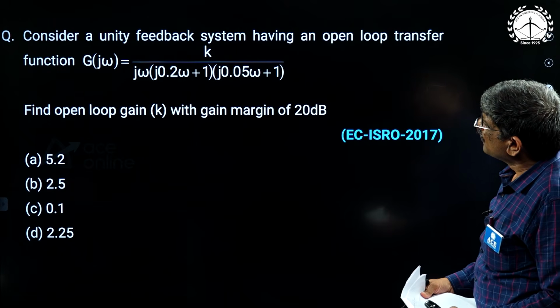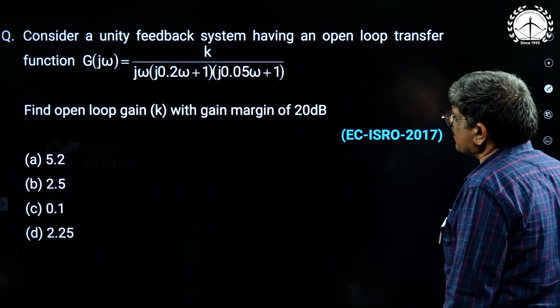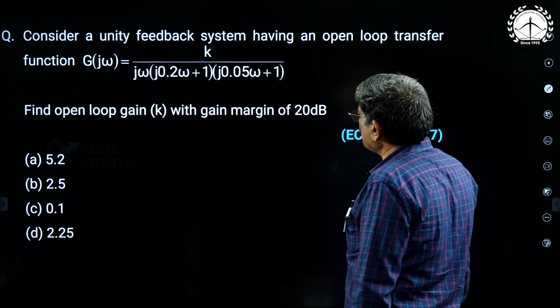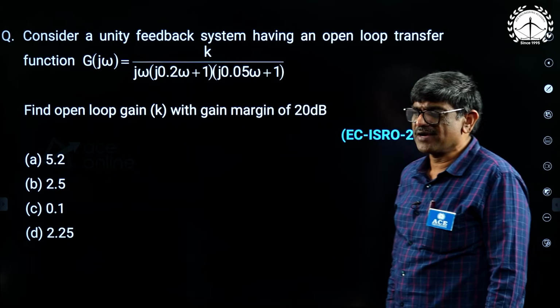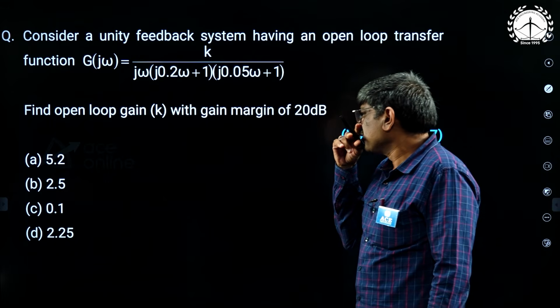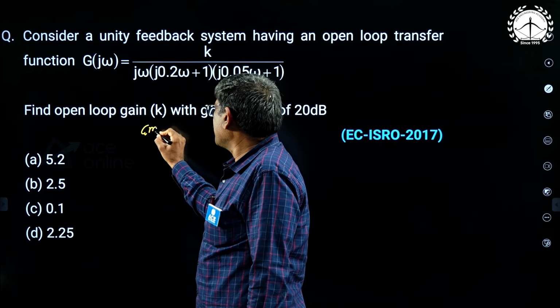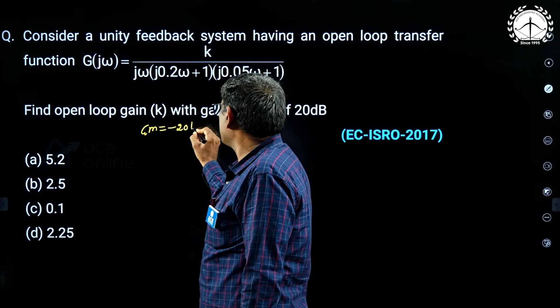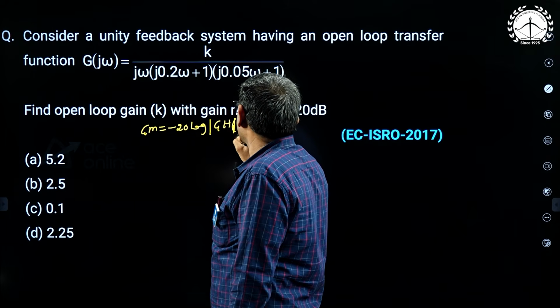Next. Consider a unity feedback system having an open loop transfer function. The open loop gain K with the gain margin equal to 20 dB. We want a gain margin of 20 dB. So, what is the formula for gain margin? Gain margin equal to minus 20 log of magnitude of GH at omega PC.